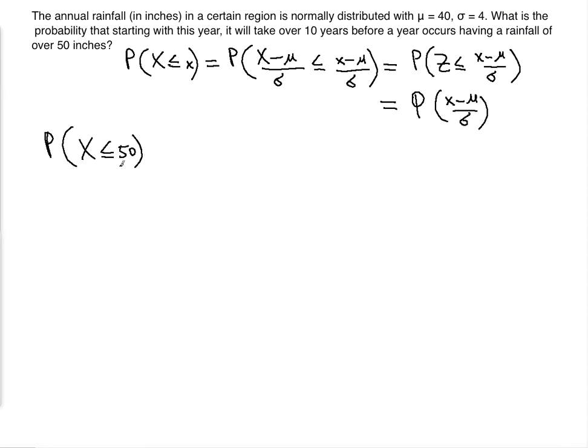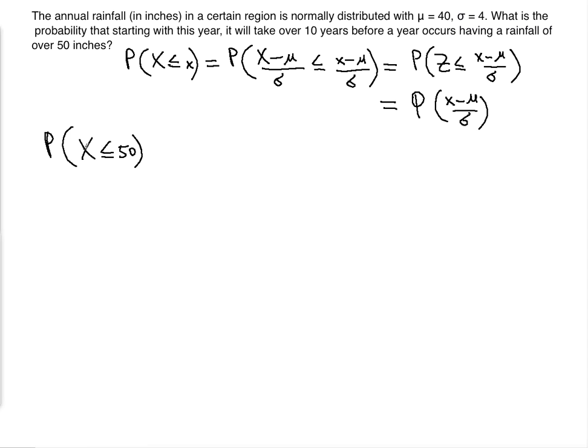For the first 10 years there will be no rainfall over 50 inches, so in each given year of those 10 years we will have rainfall of 50 inches and below. But we're talking about 1 year only for now.